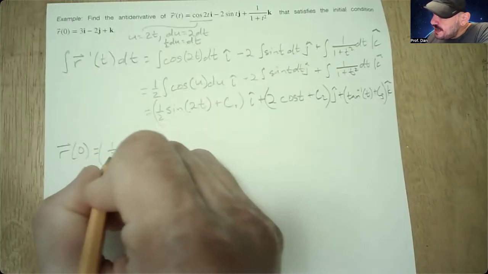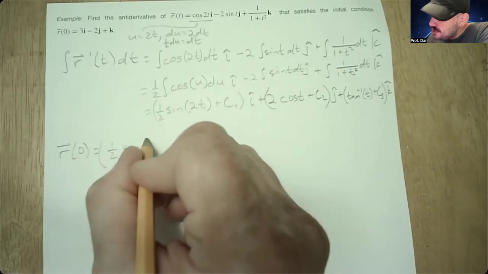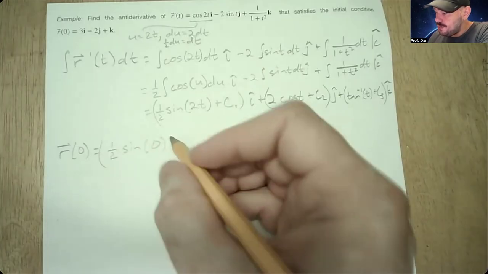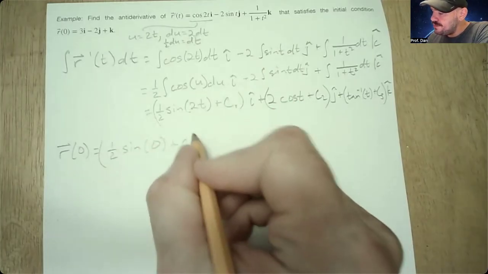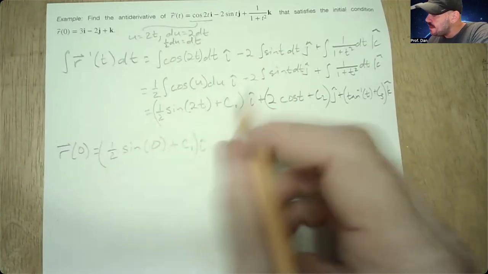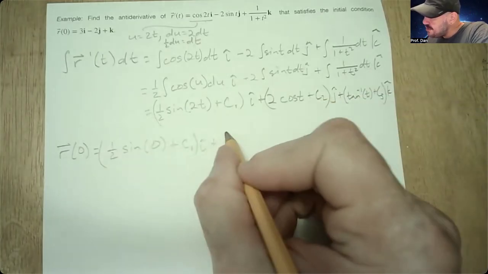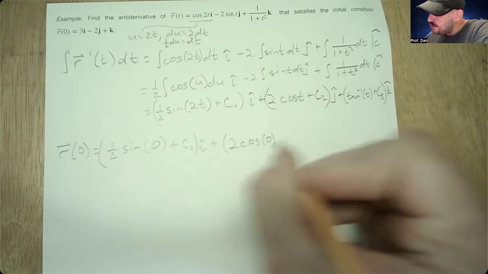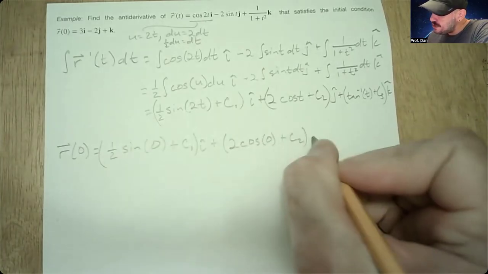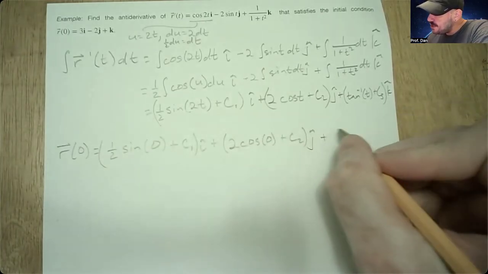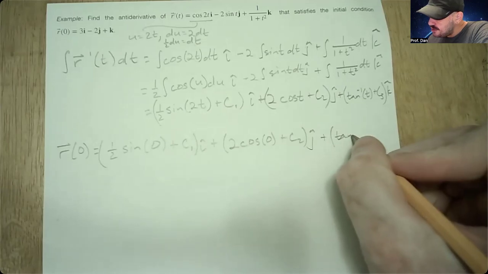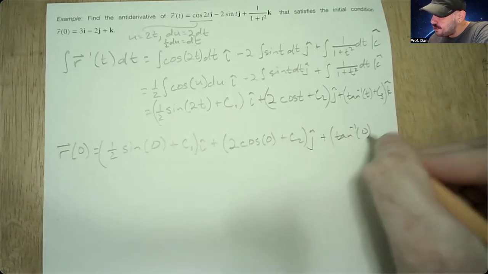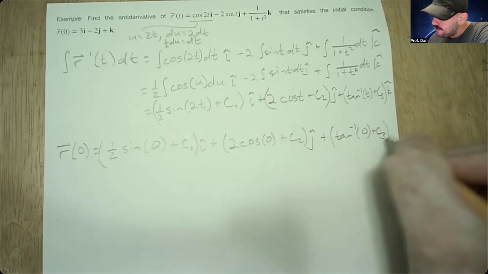So I'm going to get 1/2 sine of 2 times 0, which is 0, plus c1 i, plus 2 cosine of 0 plus c2, that's my j, plus arctangent or inverse tangent of 0 plus c3 k.